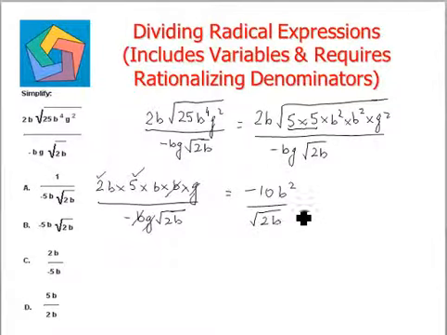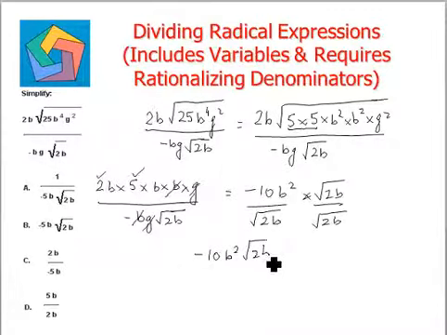Now we need to rationalize. For this we multiply and divide like this. So we have negative 10b squared square root of 2b. In the denominator we have square root of 2b times 2b.